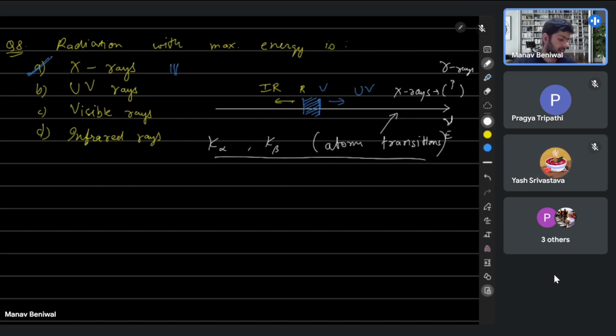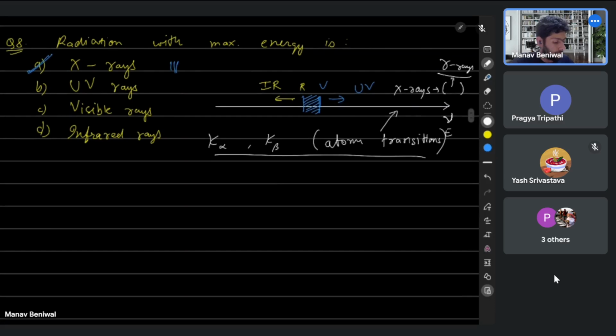Yes. So these gamma rays actually come from the nucleus when it undergoes radioactive decay maybe. Yes. So that time you get all these gamma rays. So the origin in this case was your atom, right? These are atomic radiations. Your gamma rays are actually nuclear radiations.